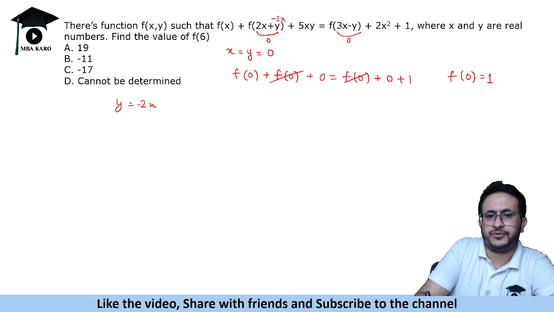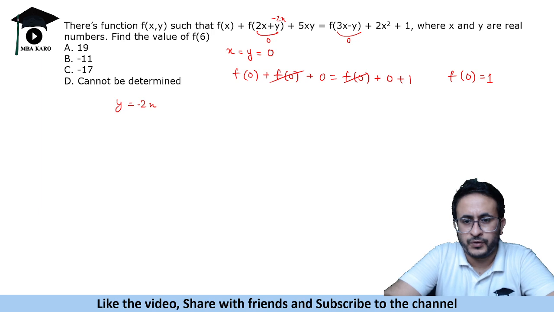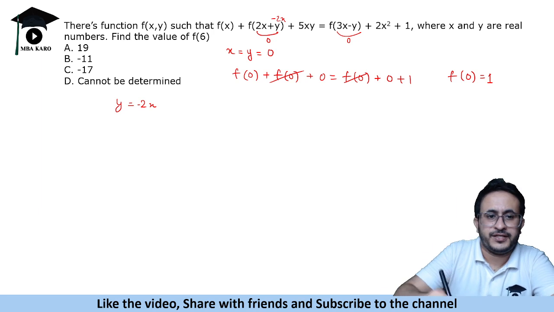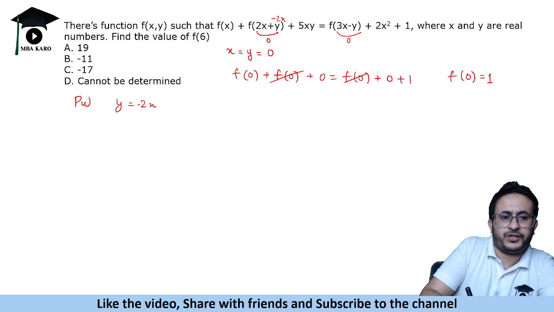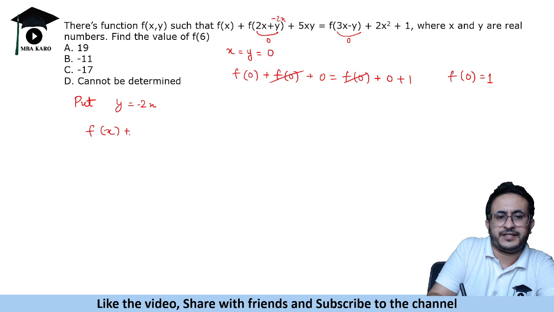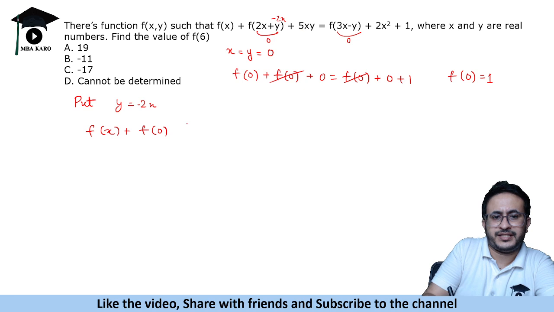Then this part will become 0. So put y is equal to minus 2x. So this is f(x) + f(0), because y is minus 2x. Now this is minus 10x square.